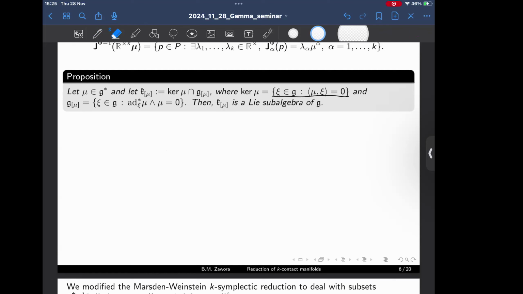Yes, we have K mu in G, and then on the level of subgroups we have this.